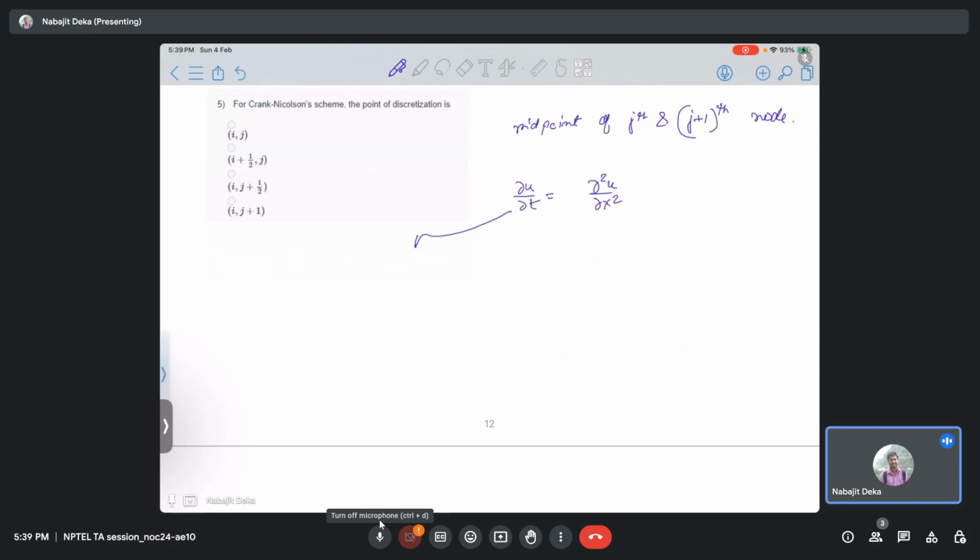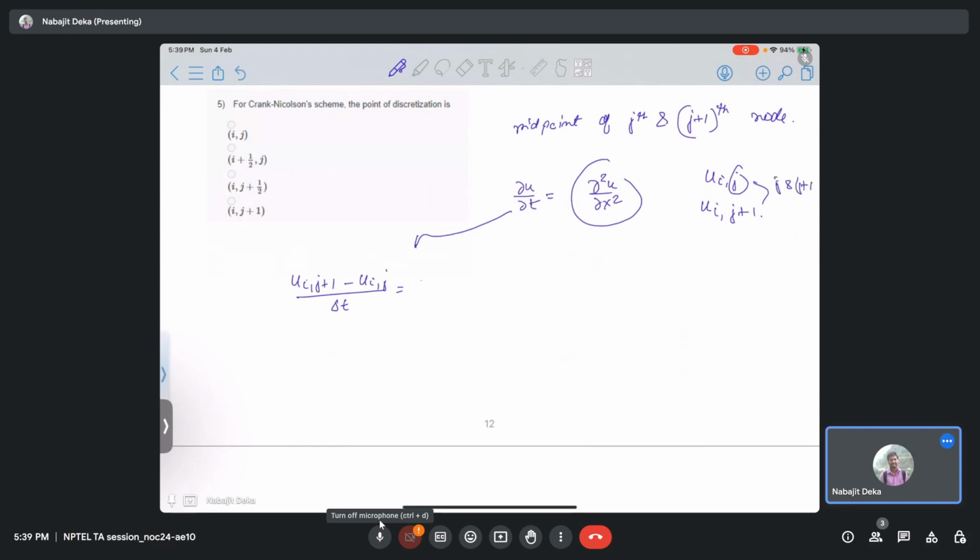So we have this u i j plus 1 minus u i j over delta t. Now here for the explicit, we represent at i comma j, and for the implicit we took it at i, j plus 1. Now for the Crank-Nicolson, we take the average of the j and j plus 1th node.